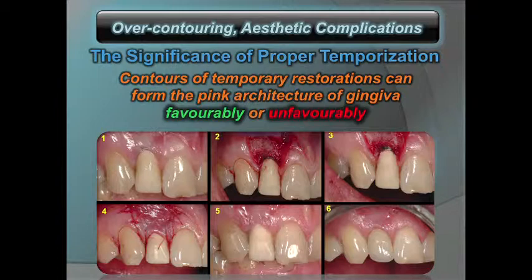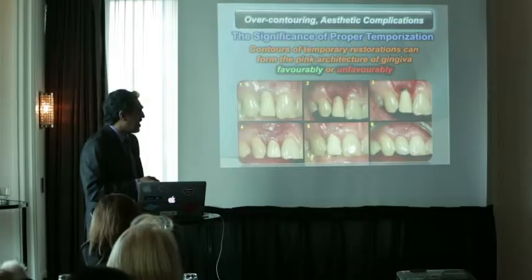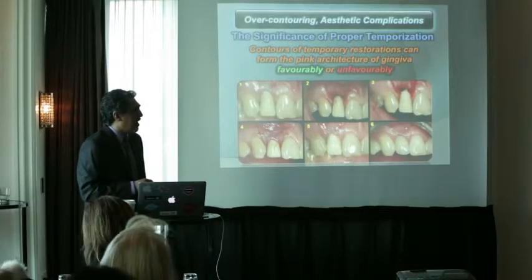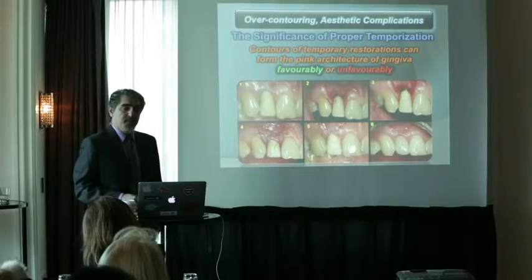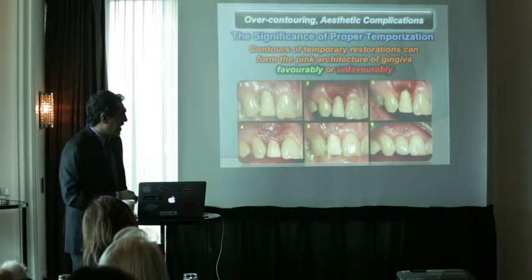So the bulky contour of the temporary was made, and after a while, the apical migration of the tissue was observed. To solve this problem, a combination of the gingival graft, gingival manipulation, and also recontouring the temporary abutment and temporary crown was done.